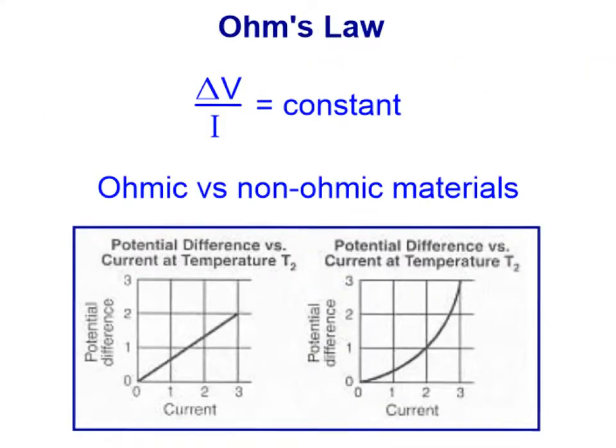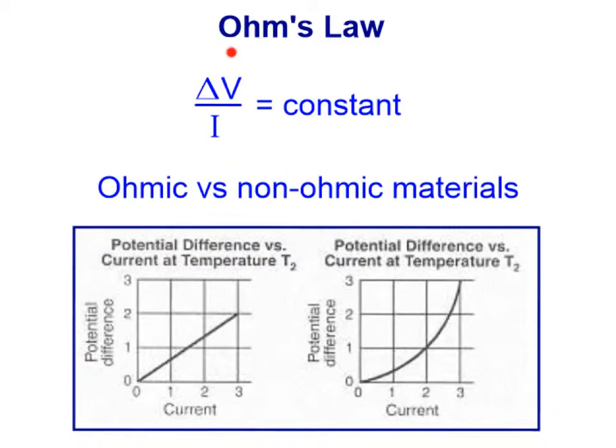For many materials, including most metals, it's shown that the resistance is constant over a wide range of potential differences. So remember, resistance equals our change in potential divided by current, and that is equal to a constant for many, many materials. It's named Ohm's Law.